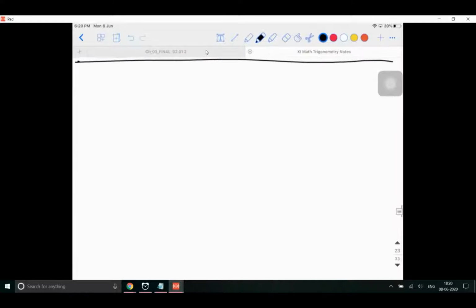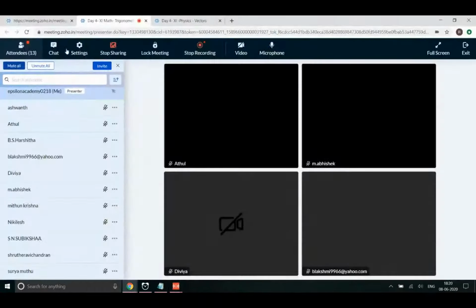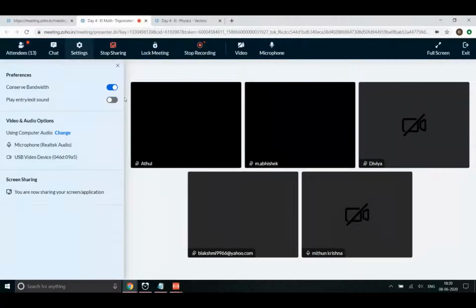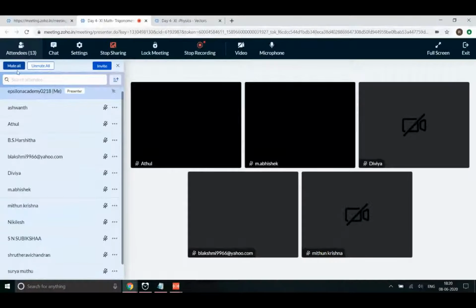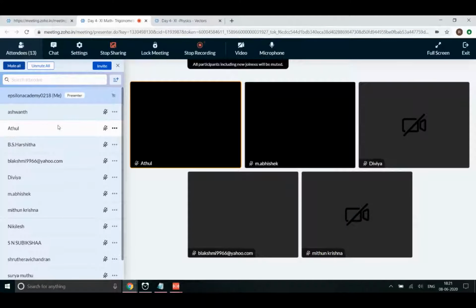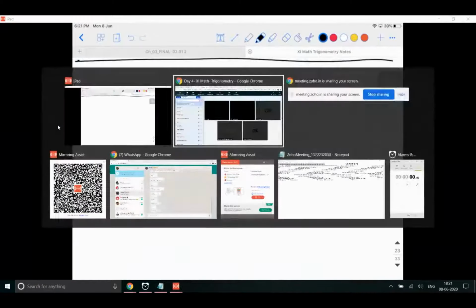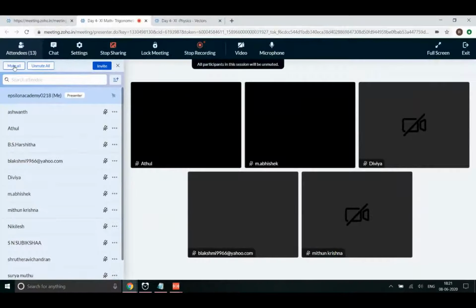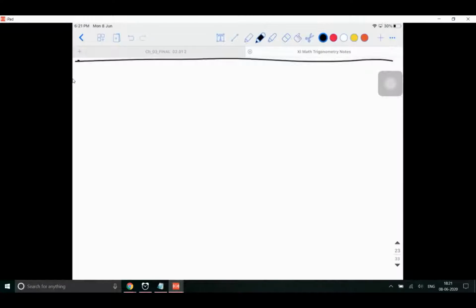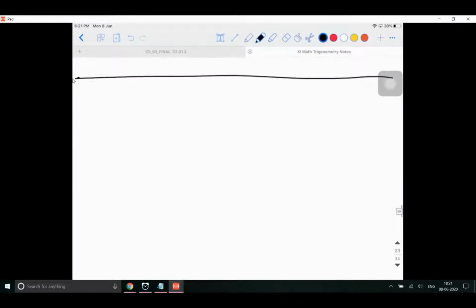Today we are going to see the trigonometric ratios of the compound angles. So when I say compound angles, it is going to be the sum or difference of two angles.